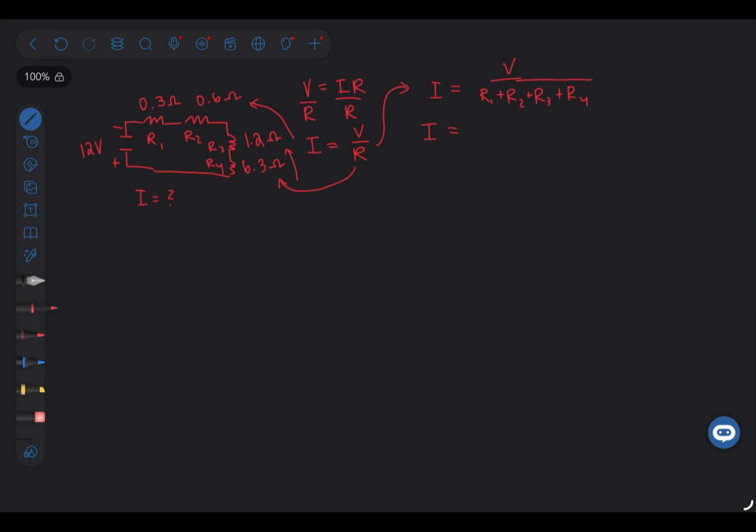So it's going to be 12 divided by 0.3 plus 0.6 plus 1.2 plus 6.3. If you do that out on your calculator, you should get 1.43 amps.